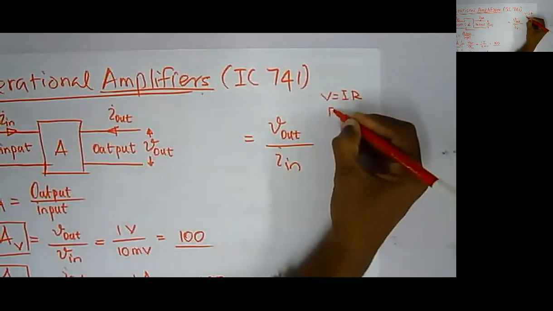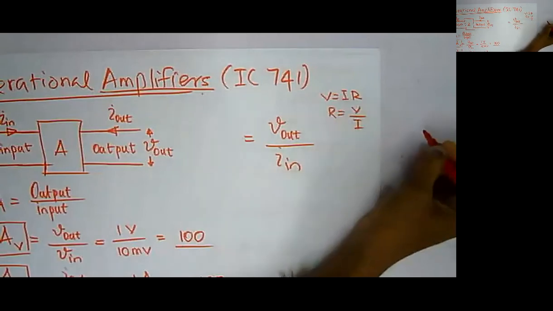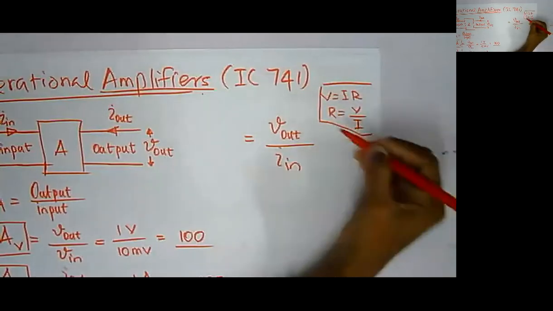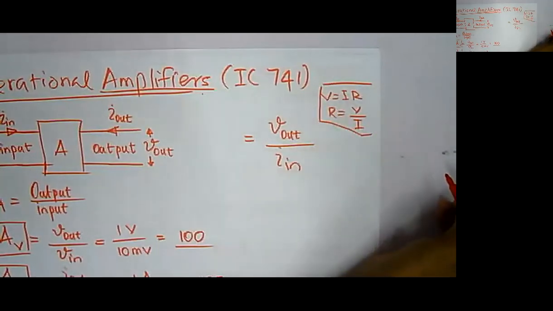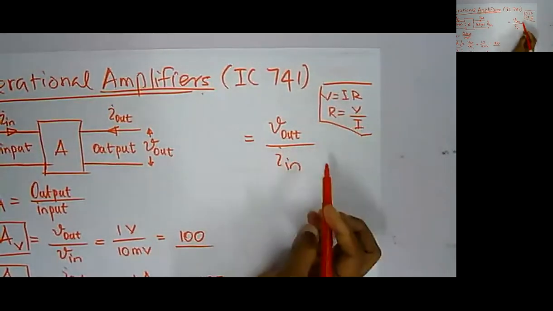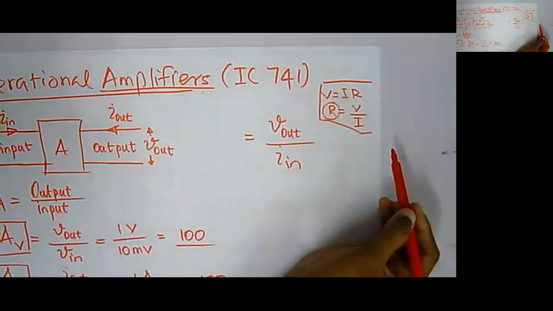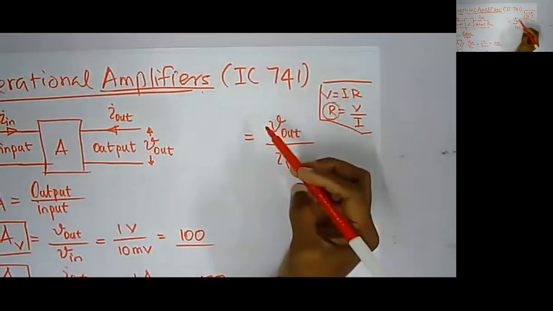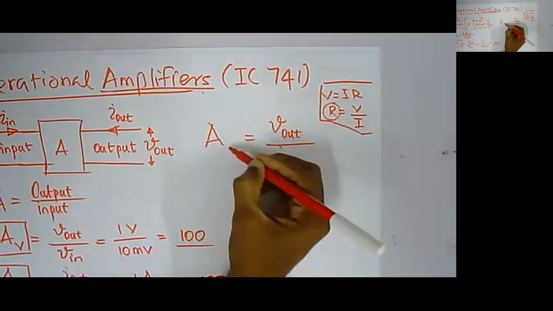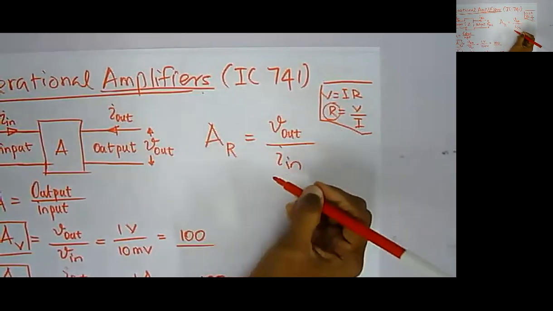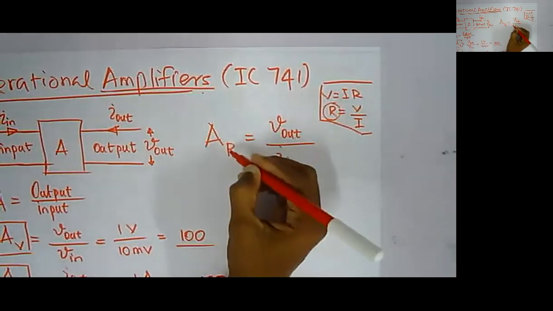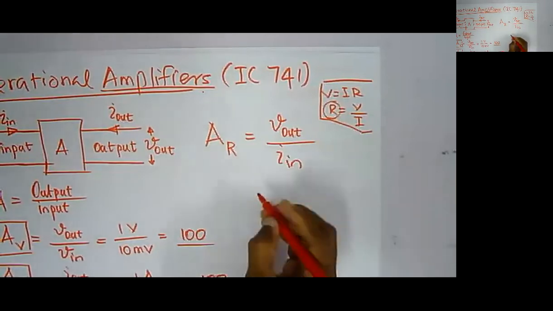So I can write R equals V by I. Since this is V by I, the dimension of your gain will be the dimension of R. So here we call it a transresistance amplifier.